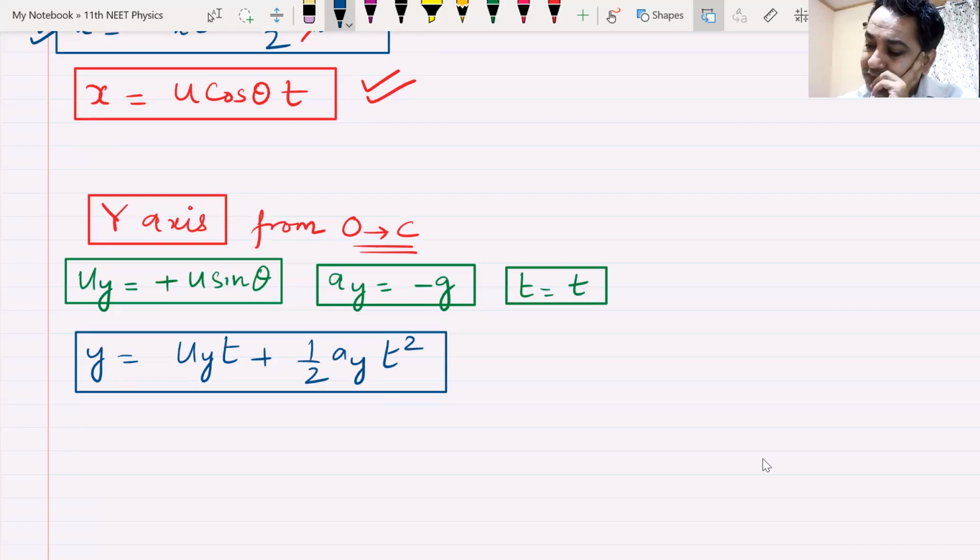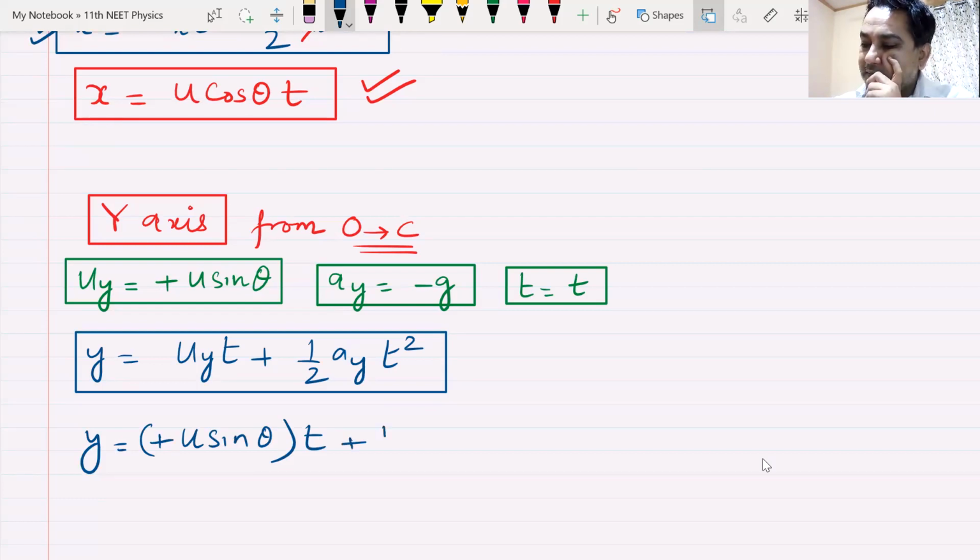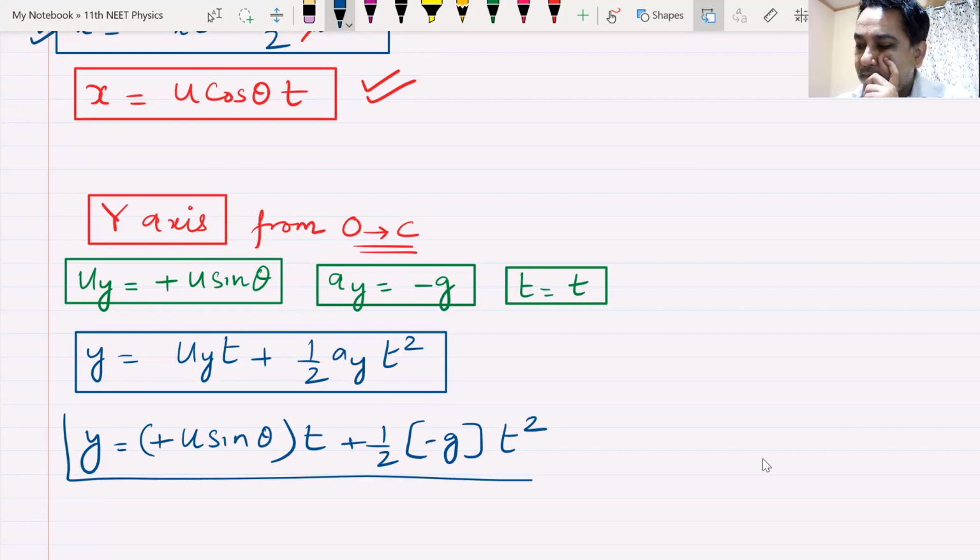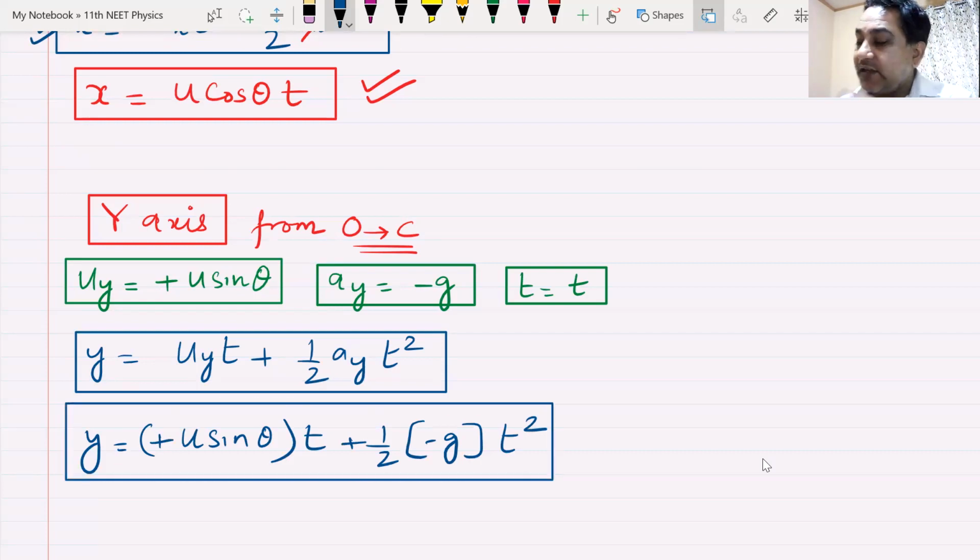I just put the values. y will be equal to plus u sine theta multiplied by t plus half minus g into t squared. That is what I get.